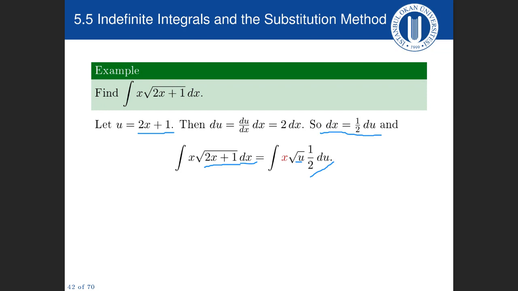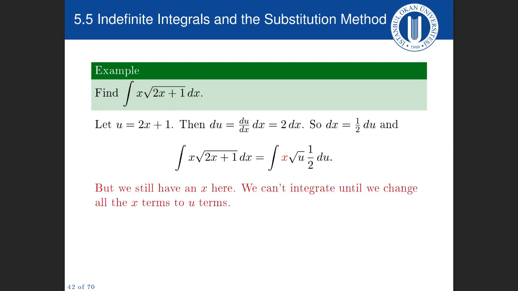But wait a minute, there's a problem here. We've still got an x here. We can't integrate until we change all of the x terms to u terms. We need to do another substitution before we can carry on. So what do we do? Well, let's go back to where we started.